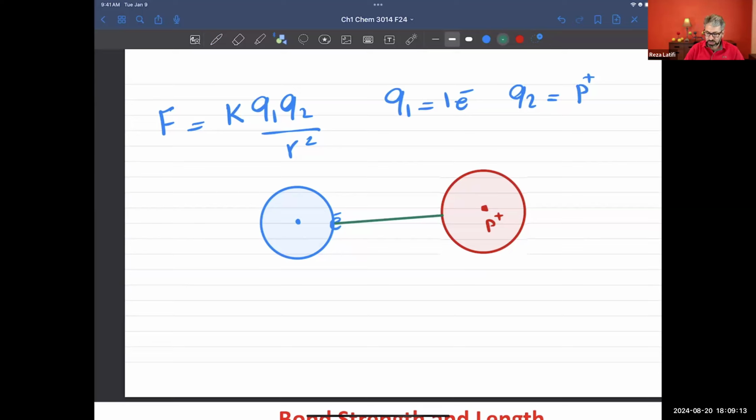Why did I not continue it exactly to the center? You can say this is the distance technically between them. That's fine, call it R.